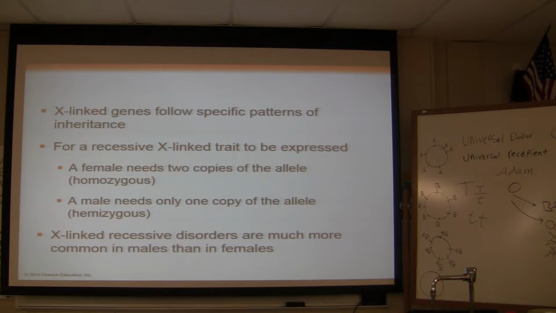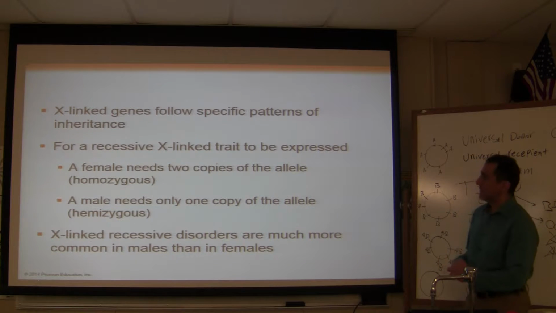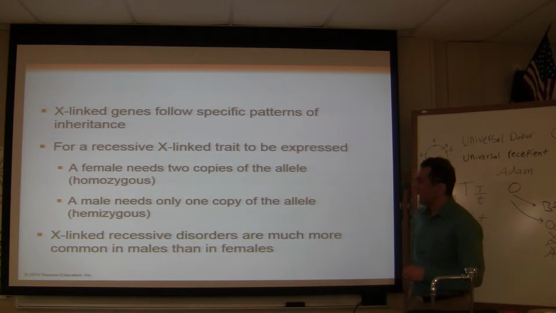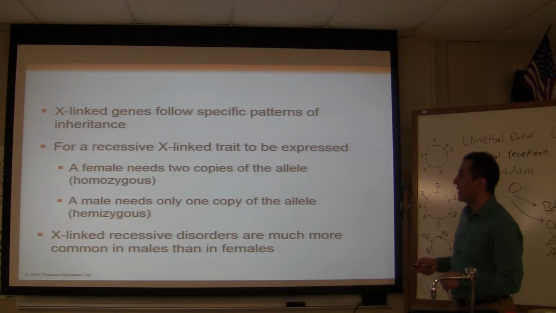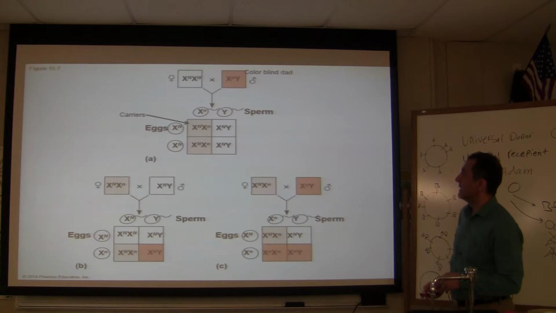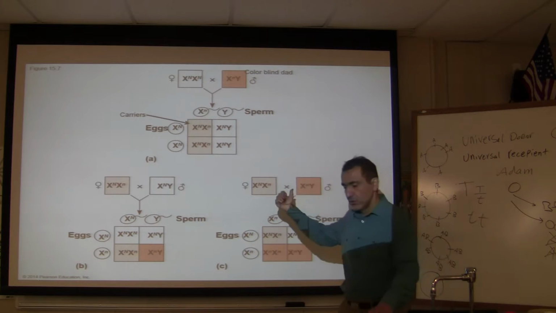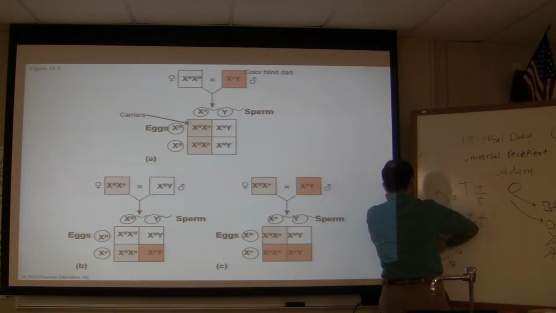For recessive X-linked traits to be expressed, a female needs 2 copies of the allele, homozygous, and a male needs only 1 copy, like colorblindness. X-linked recessive disorders are much more common in males than in females. I'll let you look at that one at home, but I want to go over it on the board.